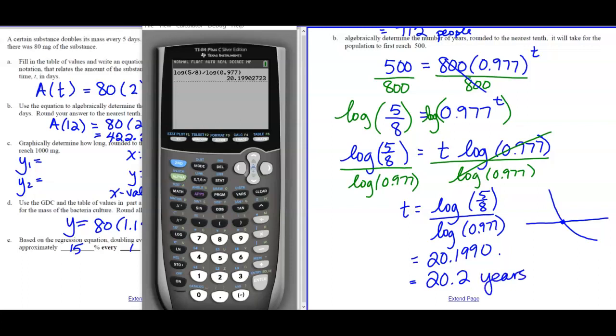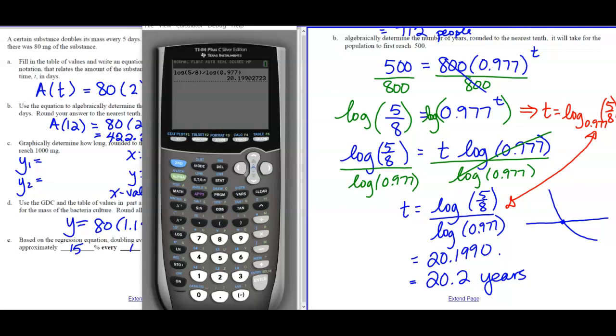Okay. Now, if you had from here, remember as I said, you could convert directly to logarithmic form. T will equal log, with the base of 0.977, of 5/8. And remember, change of base, those are the same. So if you have that capability, which most of you do, you can just go straight from there to there.